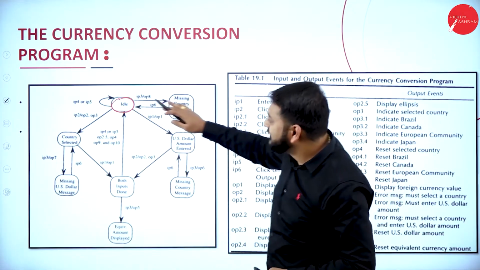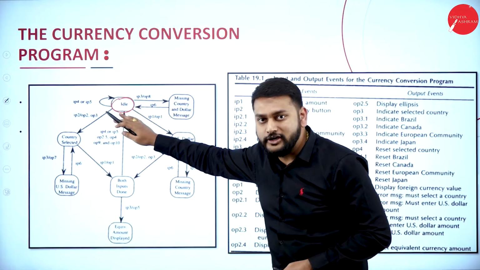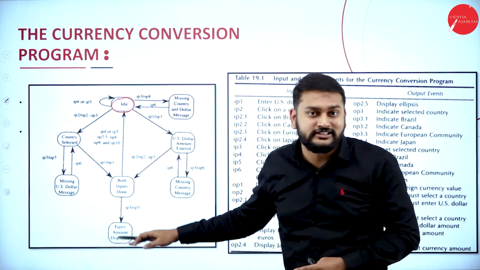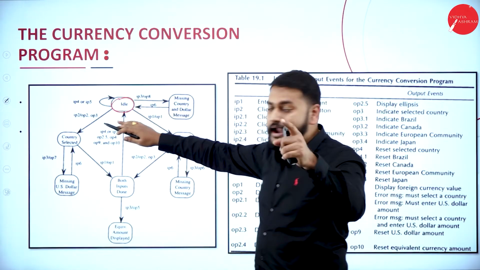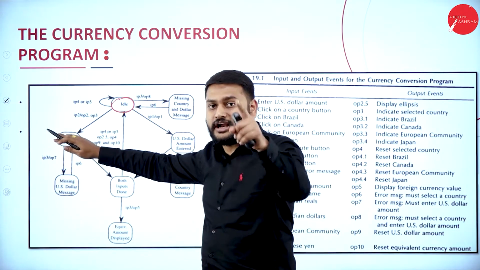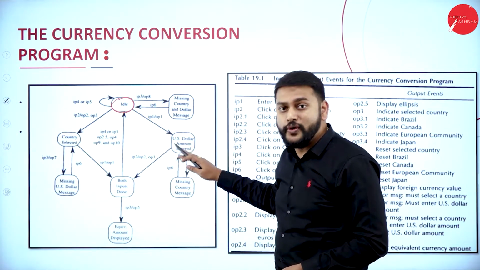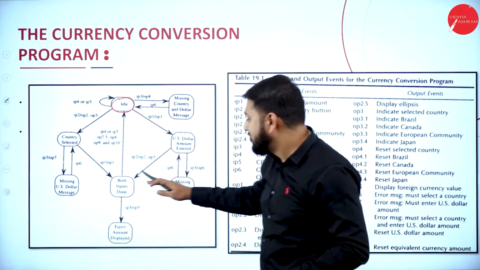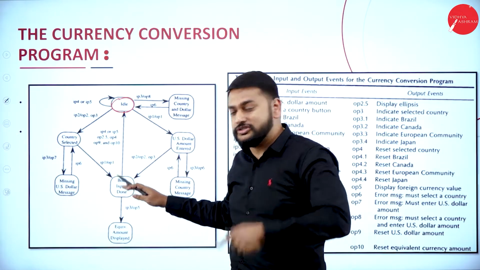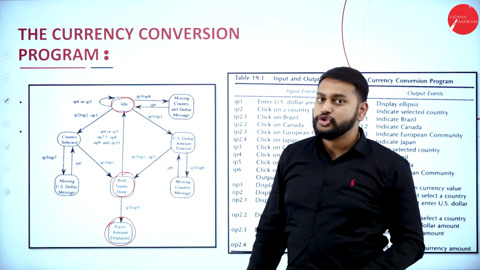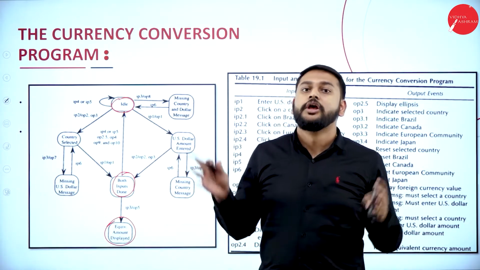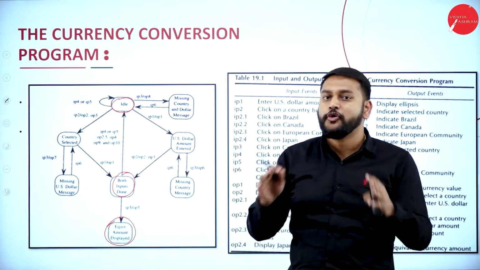Guys, what is the first thing that I have? I have the idle state. It explains the different states. That's what you need to observe here. So this is the idle state, and here I have the next state, that is country selected. Here I have US dollar amount entered, and here I have both the inputs done, and here it will convert and the equivalent amount is displayed. So how exactly is this system working? Let me make it very simple for all of you to understand.